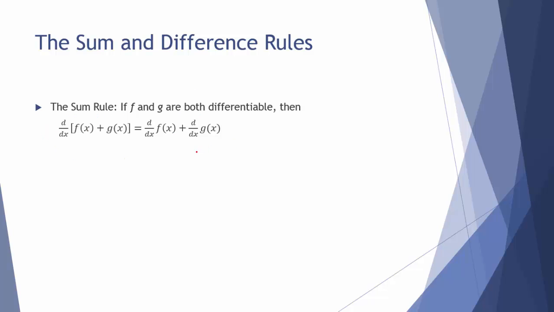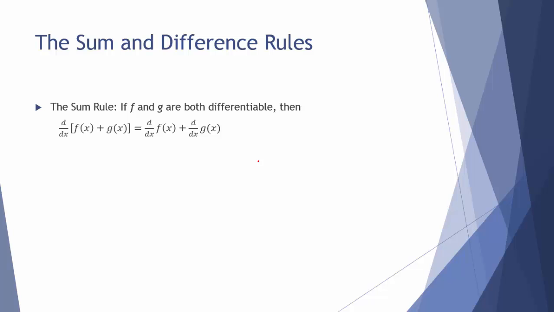We have a limit law that greatly resembles this. Basically, the moral of the story is you can split a derivative across addition. Instead of adding the two functions and then taking the derivative, which is what the left side requires you to do, instead you can take the derivative of the first function, the derivative of the second function, and add them together, which is generally the easier of the two methods.